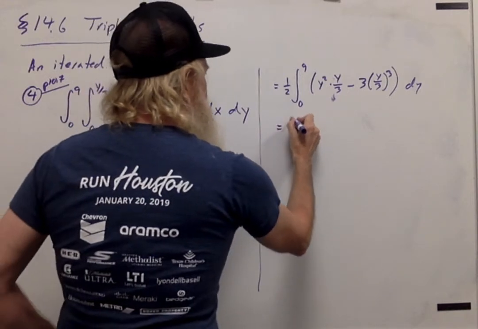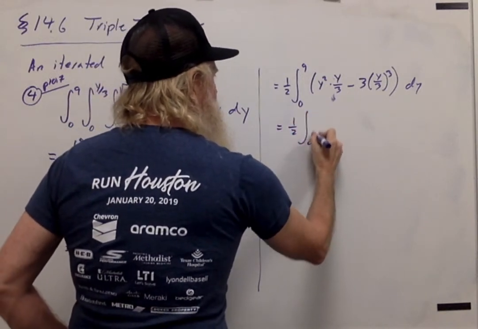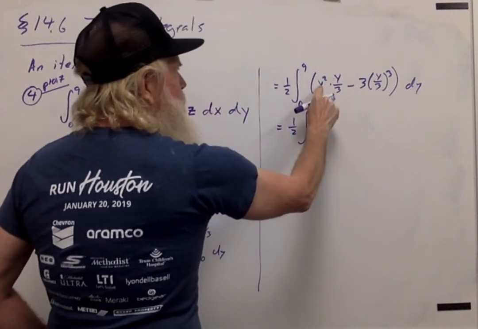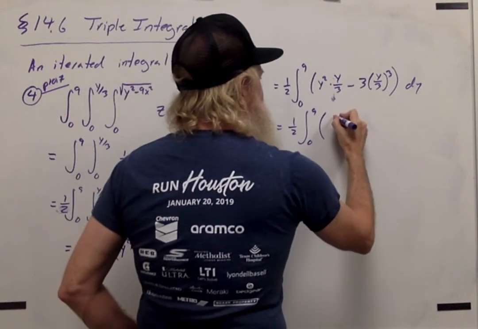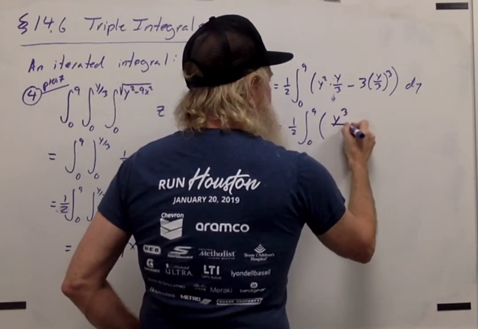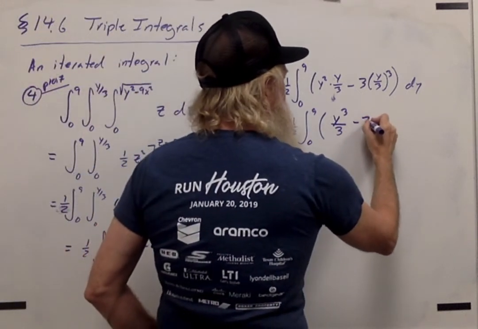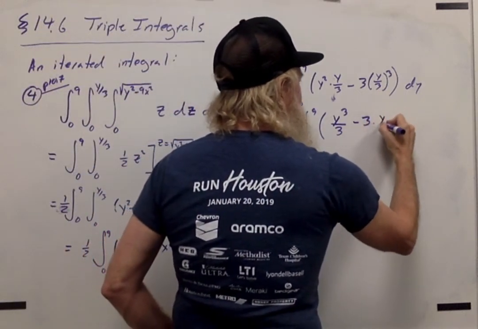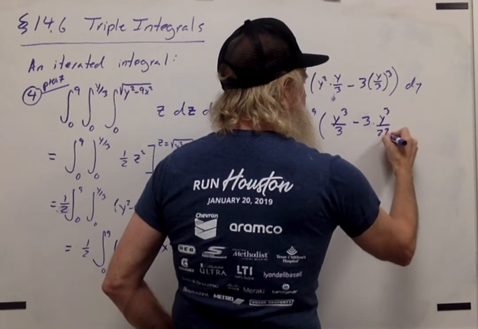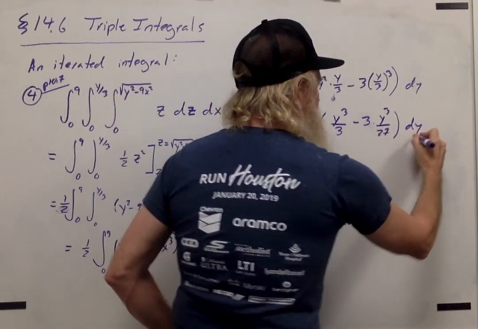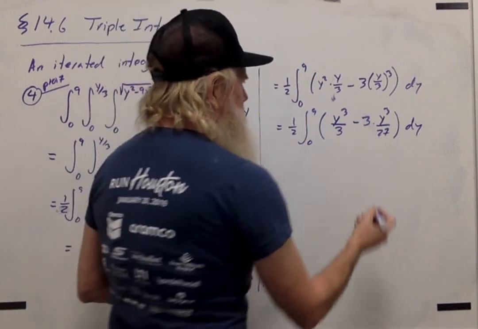Let's simplify in here a bit. This will be half the integral from 0 to 9 of y squared times y over 3 is y cubed over 3 minus 3 times y cubed over 27. Let me simplify in place here.